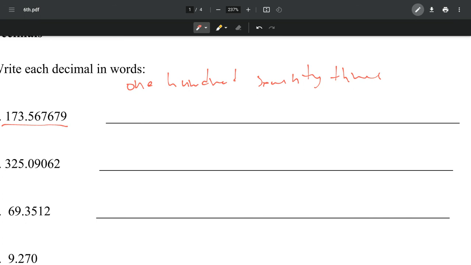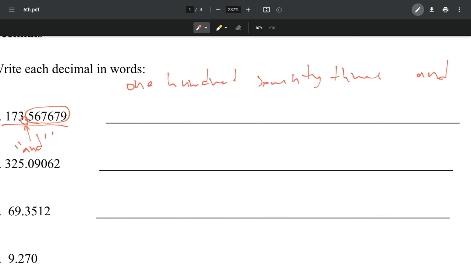And then the second step will be to write "and" for the decimal point. Okay, so write "and." And then the third step would be to write the decimal part the same way you would write a whole number. Okay, so we have the decimal part right here, and we're just going to write it the way we would write the whole number.